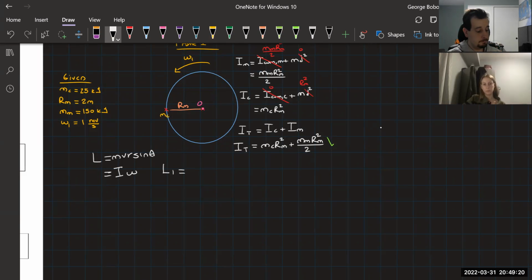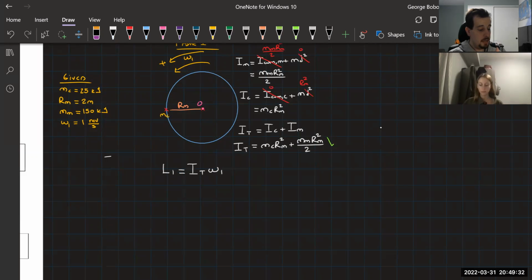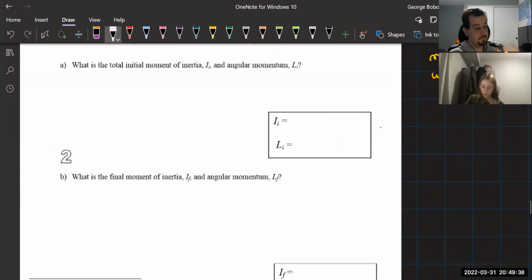I total omega 1. You are pre-assuming here that the direction is positive this way, just mentioning. That's it. That answers, I think, question A. All right. Total initial moment of inertia and angular momentum, done and done.